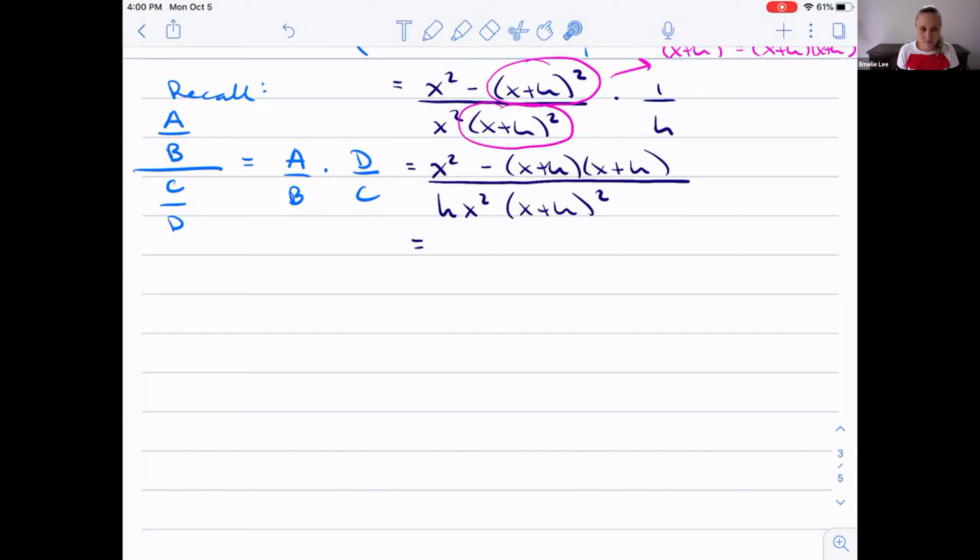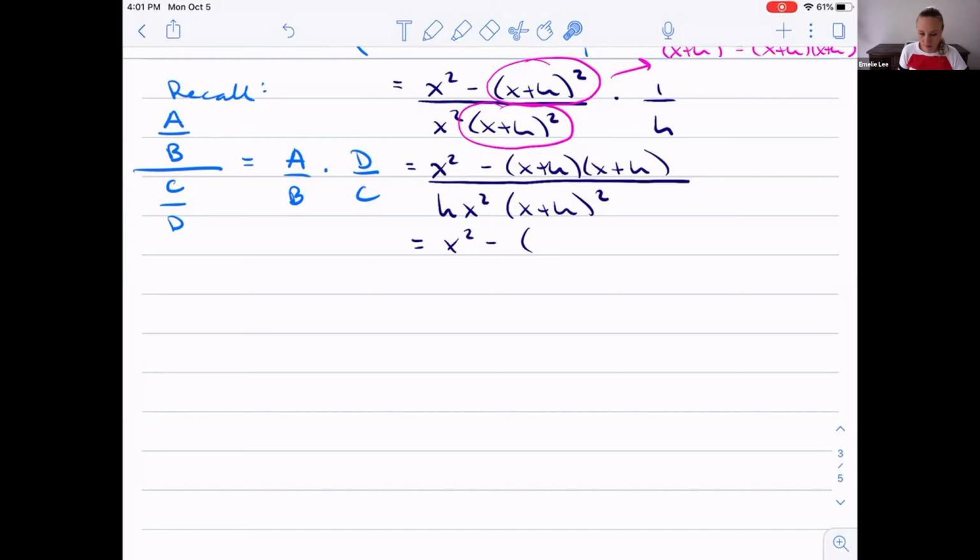Now, you guys are probably quicker at expanding than I am, but I always just write out every term. x times x is x squared plus xh plus xh plus h squared. And so we get x squared minus, and then remember you have to have the brackets around here because this minus is minus everything inside.